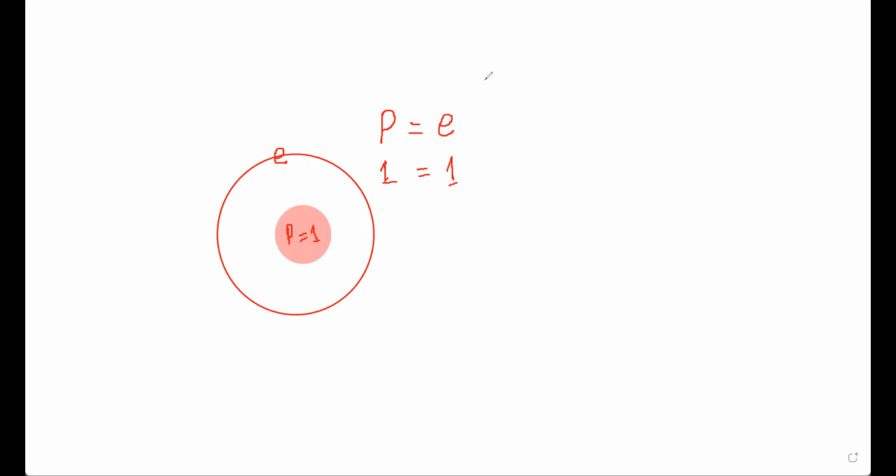Now look what happens when this hydrogen atom loses this electron. The number of electrons decreases and the number of protons stays the same. It means there is no electron here. So, my dear students, only one proton remains in this hydrogen atom.